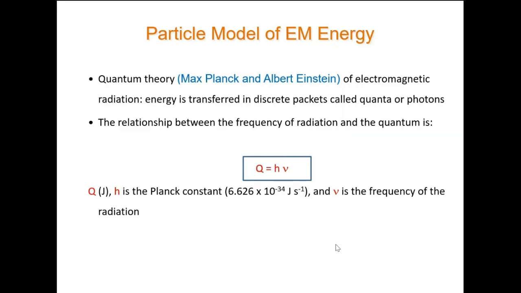They identified that energy is transferred in discrete packets called quanta or photons, and they also arrived at an equation relating the frequency of radiation and the quantum: Q is equal to h nu. This is one of the very popular equations. So these two schools of thought, one supporting the wave nature of light, another supporting the particle nature of light. Now we know for sure light has a dual property.